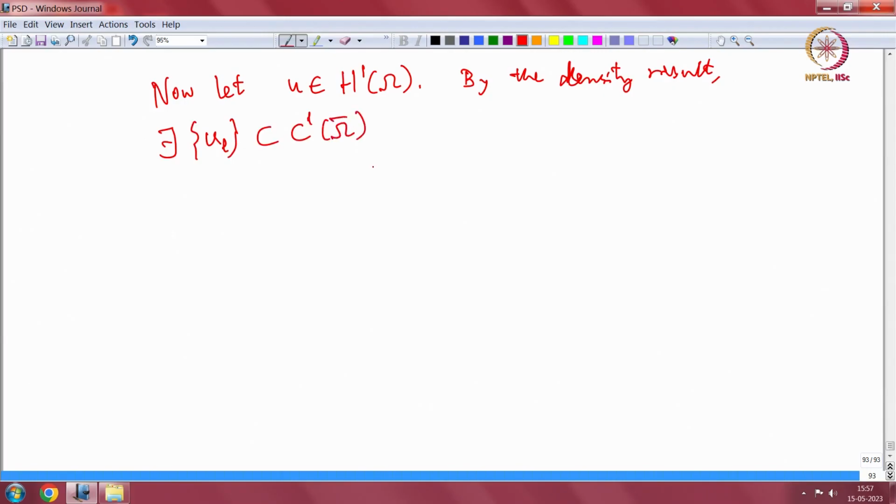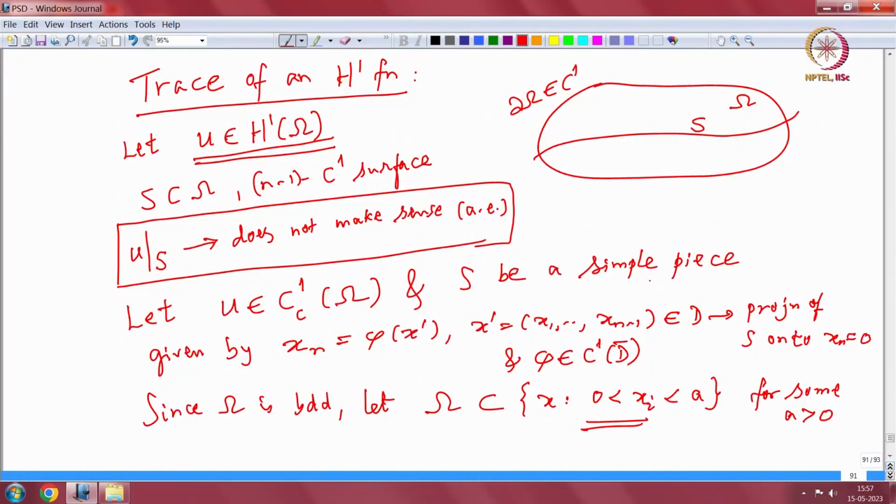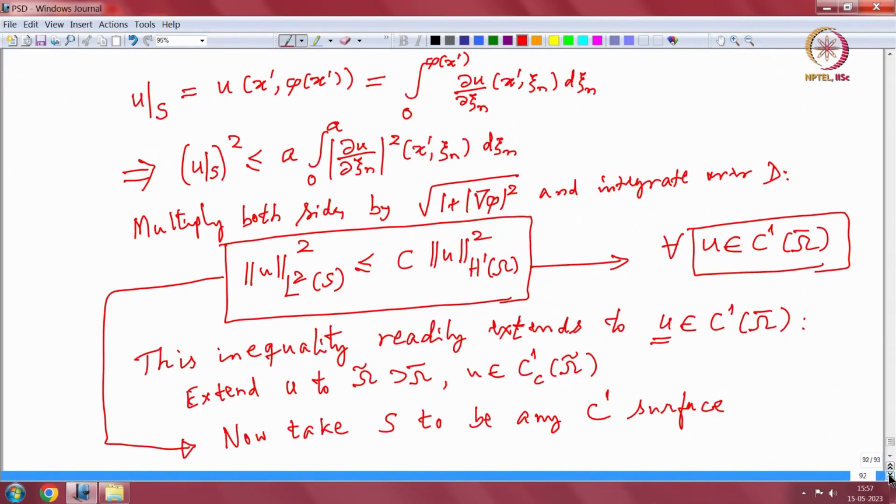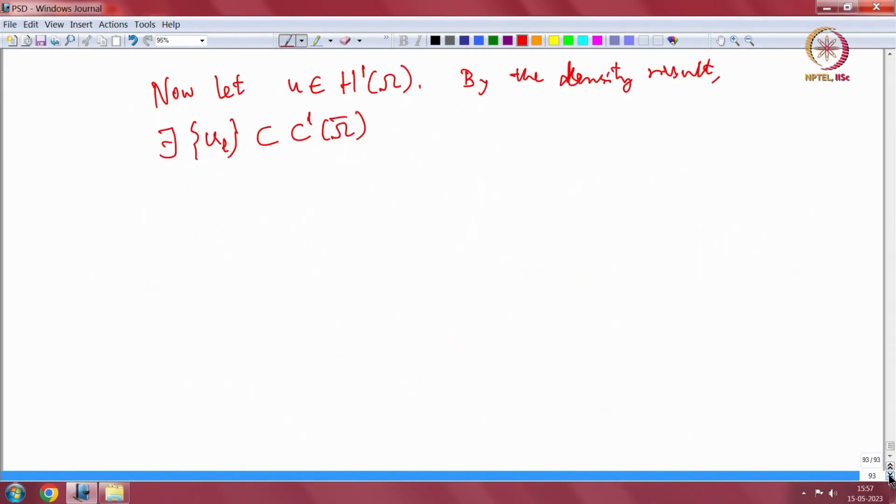See, for extension we do need smoothness on the boundary, so that is why we assume that. This boundary smoothness is always needed, otherwise we cannot get that extension result, such that u_l minus u in H1 omega tends to 0.